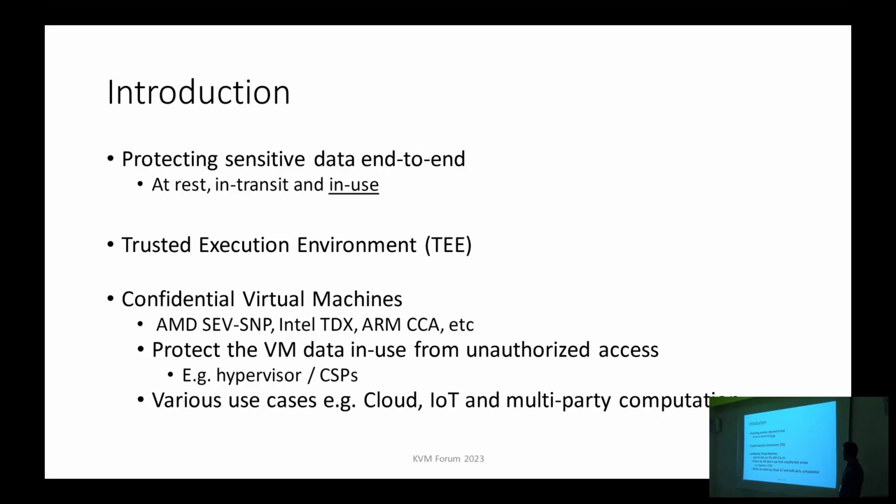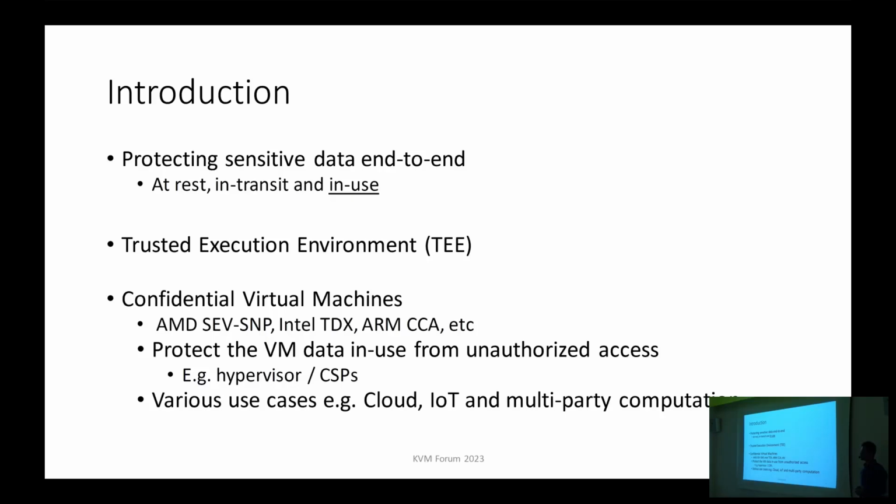So when an application has sensitive data, we need to protect it. The application needs to protect the sensitive data end to end. It means at rest, in transit while it's in the network, and also in use, while it's in memory. For the first two, at rest and in transit, there are solutions that rely basically on cryptography.